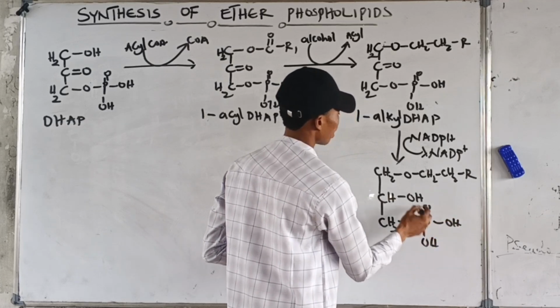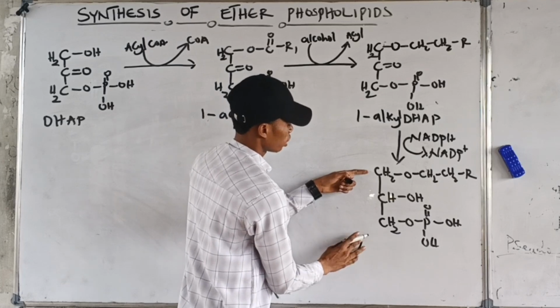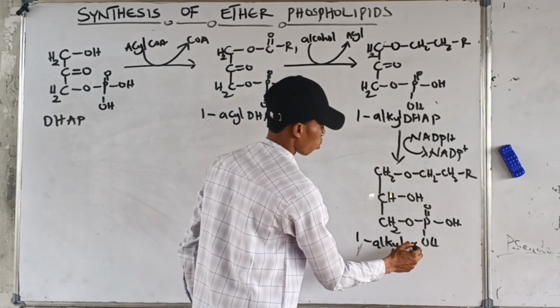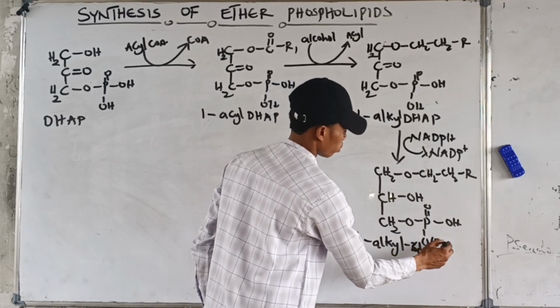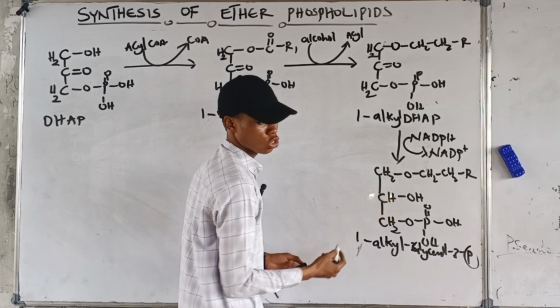So what I now have here is now 1-alkyl glycerol 3-phosphate, because this is now glycerol, no longer dihydroxyacetone.